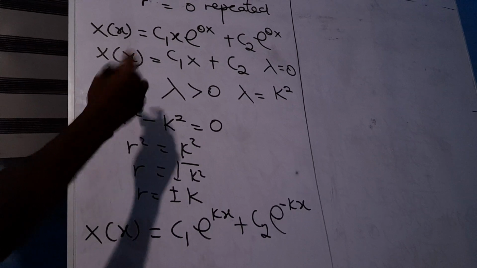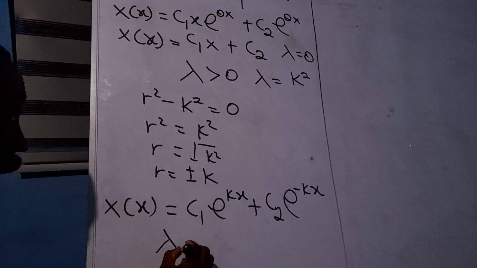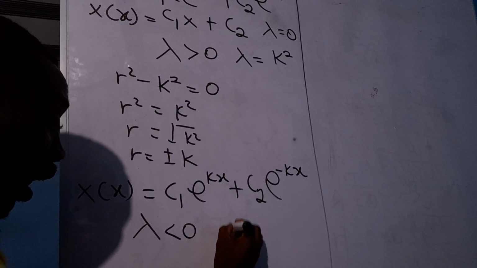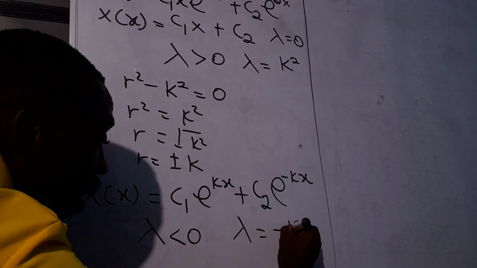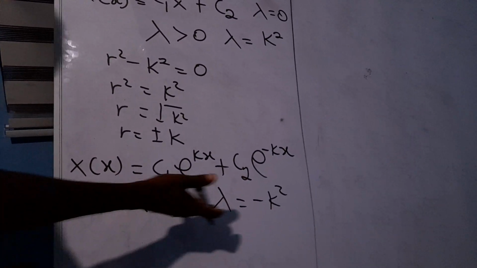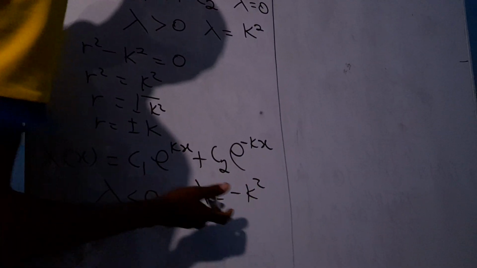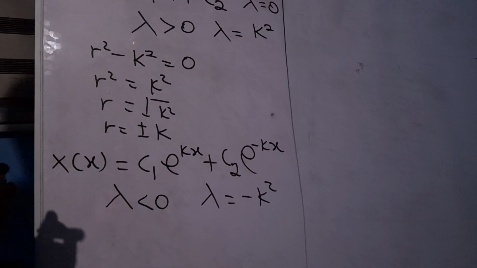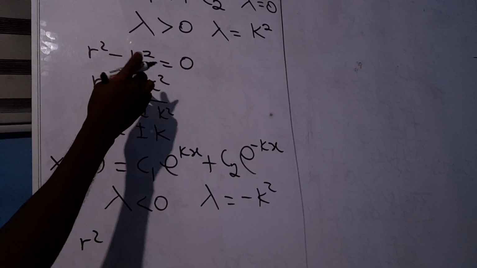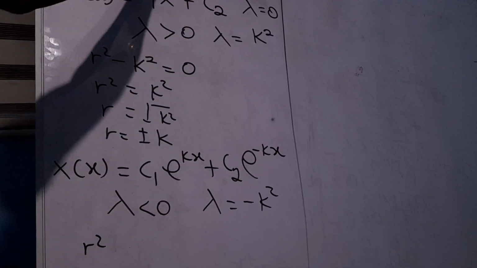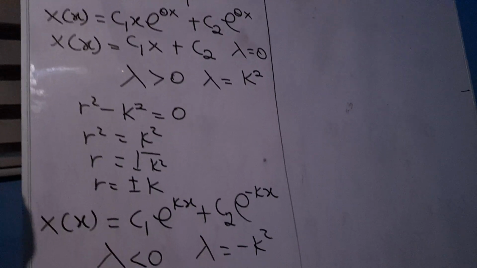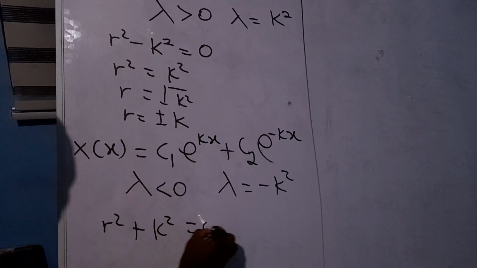Then now, a situation where our lambda is less than 0. What happens? We let lambda be equal to a negative number squared, so that it will be easy to solve. So now we substitute. We have r squared, and in place of lambda we put negative k squared. So we get plus k squared equal to 0.